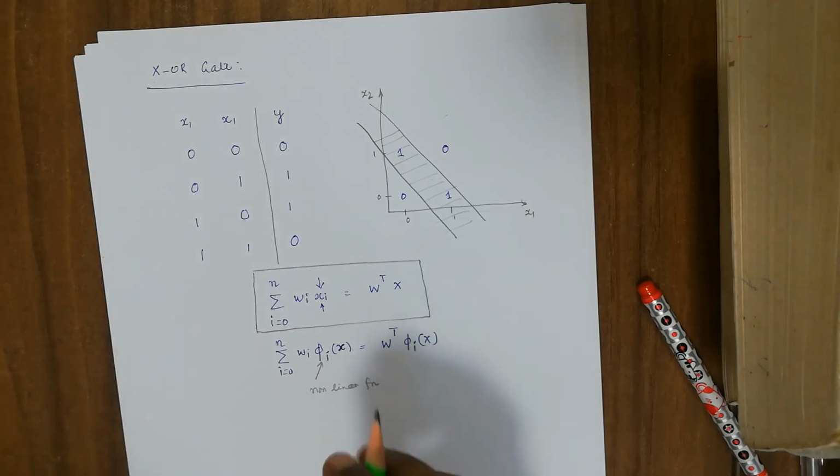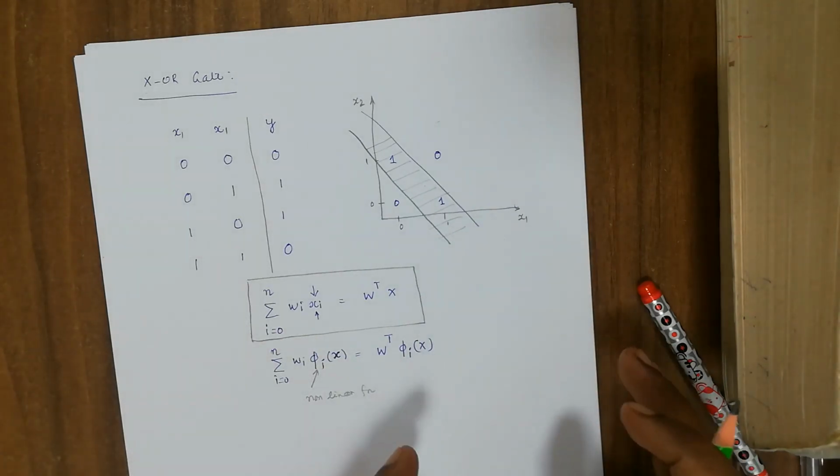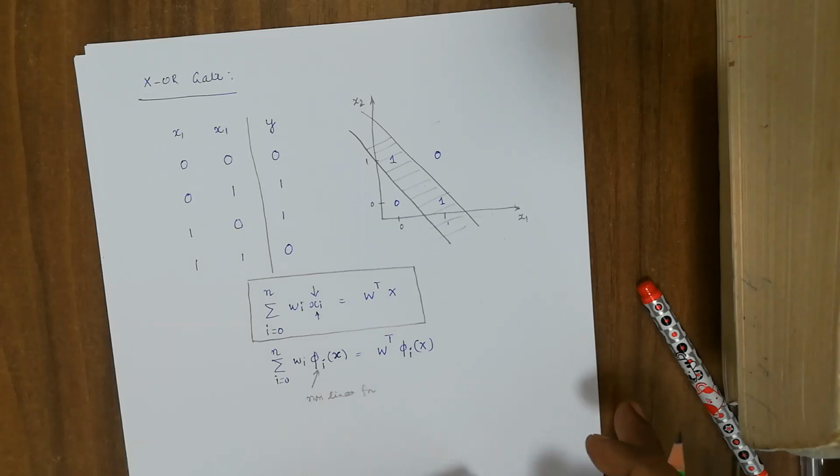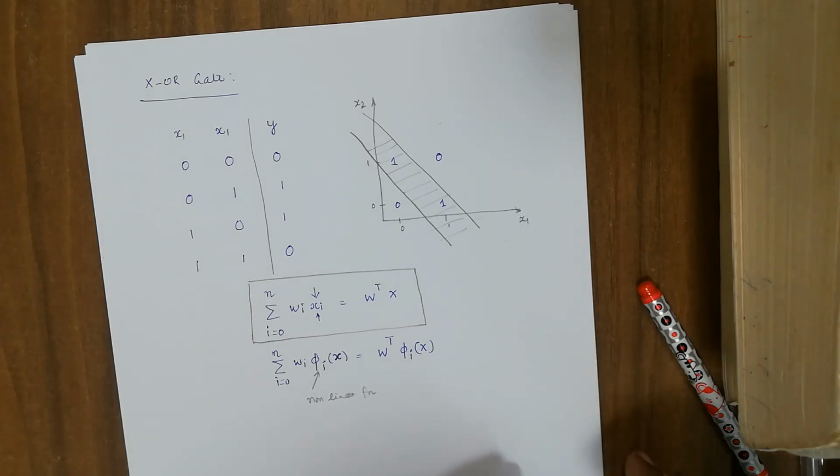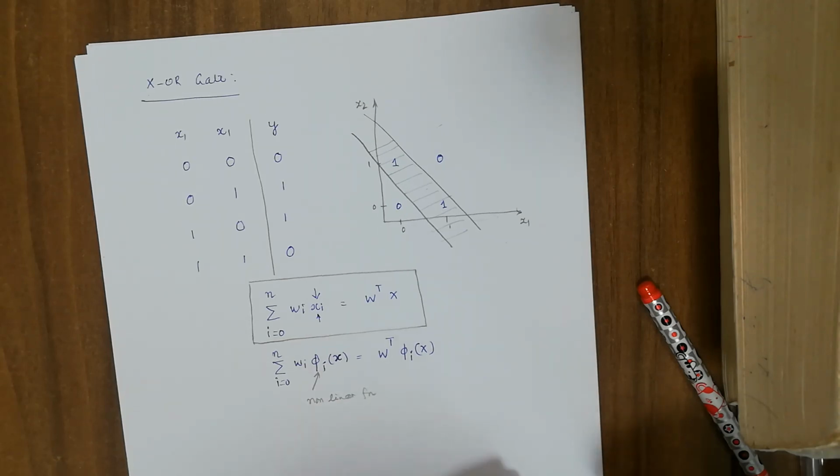This is the idea: we map into the intermediate space and solve the problem there, where the features are separable.